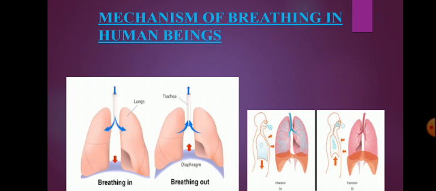Breathing out. When we breathe out, two things happen at the same time. The muscles between the ribs relax, causing the rib cage to move downwards and inward, and the diaphragm relaxes and moves upwards.